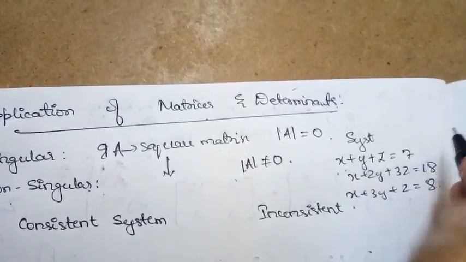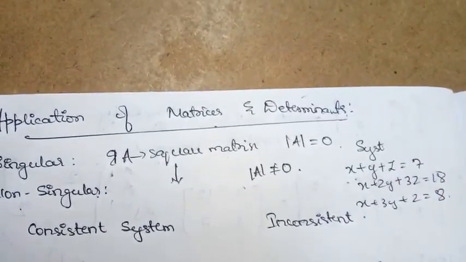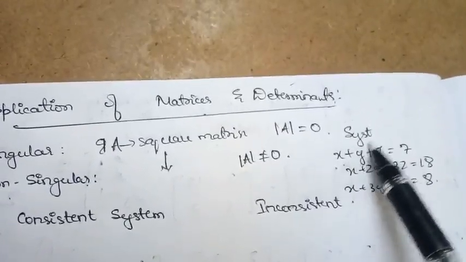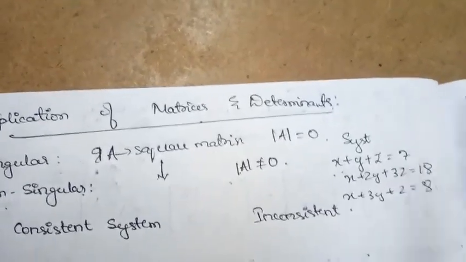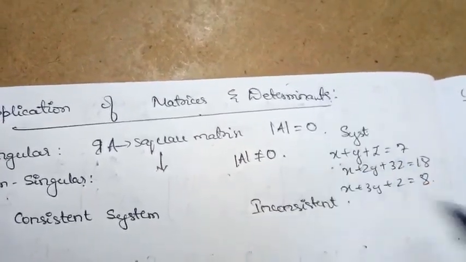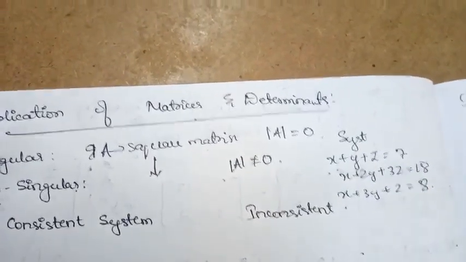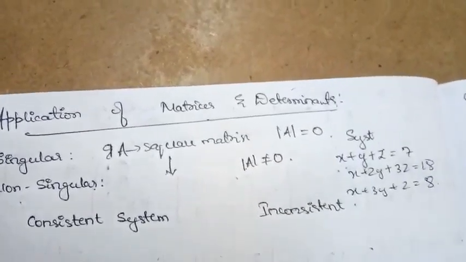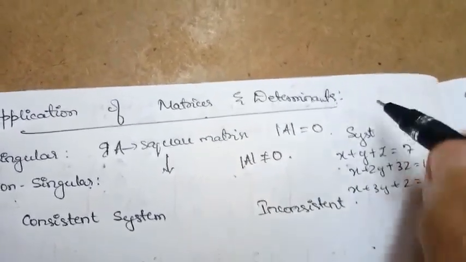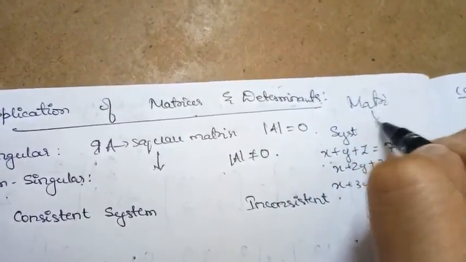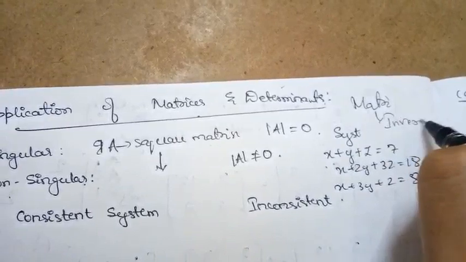We call this a system of linear equations, where we solve it and find the values of x, y, z. You have already learnt how to solve this in your elementary classes. Now here we are solving the system of linear equations with the help of matrices, using the concept of inverse of the matrices.